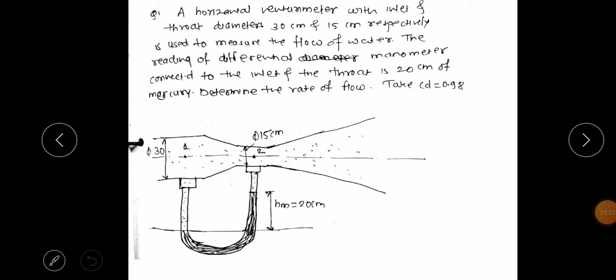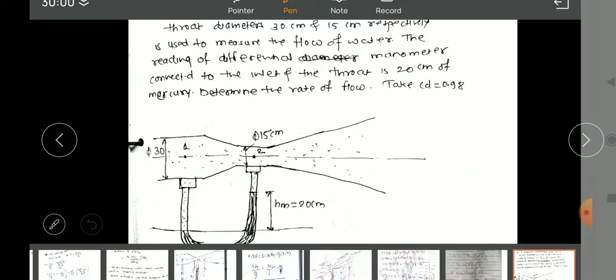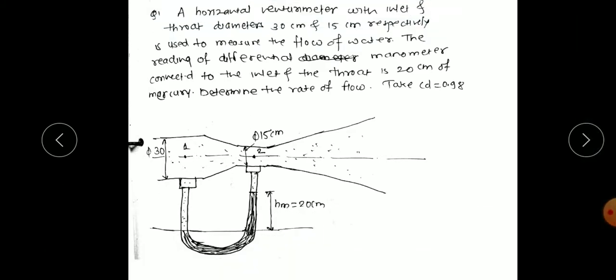So we can solve a numerical on this venturimeter. I will read the numerical. A horizontal venturimeter with inlet and throat diameters of 30 centimeter and 15 centimeter respectively is used to measure the flow of water. The reading of the differential manometer connected to the inlet and throat is 20 centimeter of mercury.